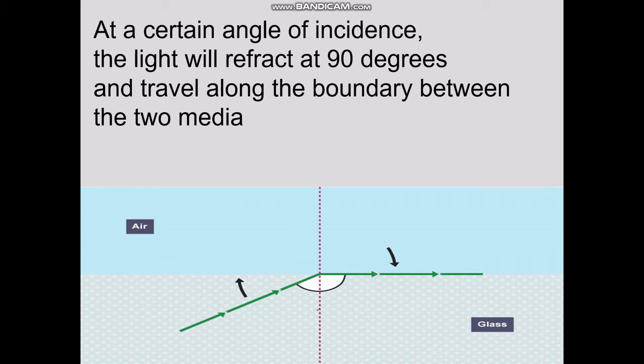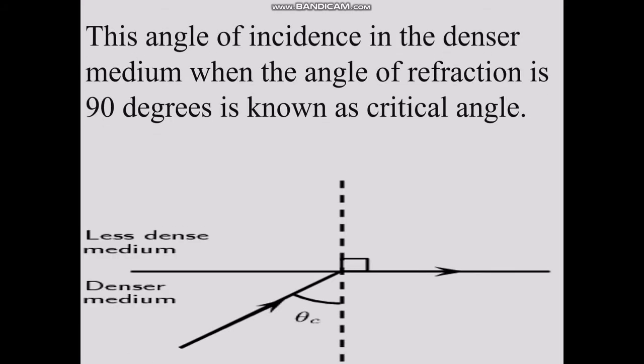That means when we were continuously increasing the value of i, the value of r was also increasing. So a stage will come where r will become 90 degrees. This is the value of r and it will become 90 degrees. That is, at a particular angle of incidence, the light will travel along the boundary between the two media.